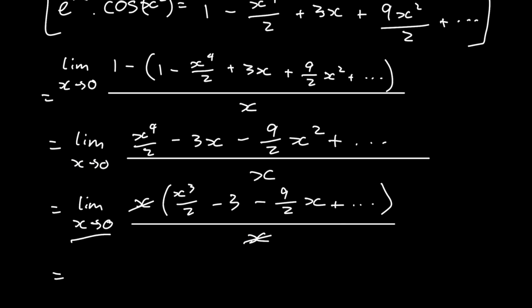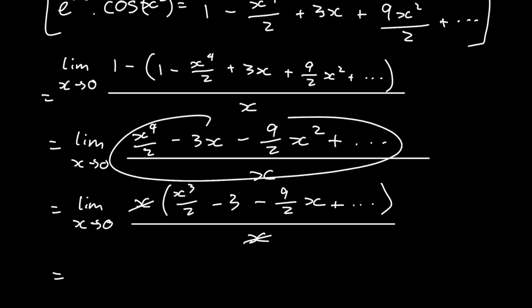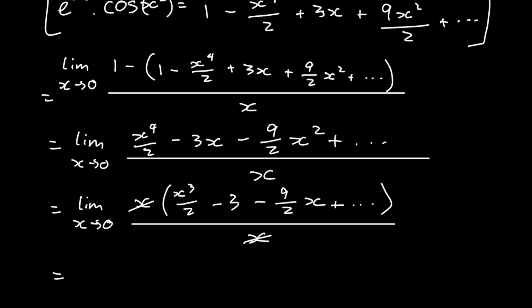So we substitute x equal to 0, and that term becomes 0, and all these other terms are also going to become 0. And that's essentially why we ignored all of the terms with higher degrees of x, because we were going to be dividing by an x through all of here. And if we have terms where x is raised to a high degree, when we divide by x to the first degree, we're still going to have a high degree of x.